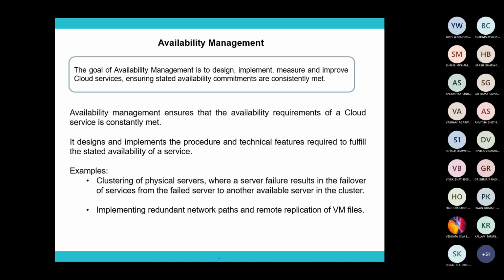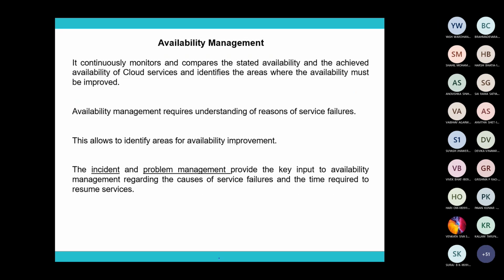If any one server fails, some of the services running on that physical server, you need to move those services to other servers, to make sure that your service is always available. So how exactly does it implement? That is availability management.